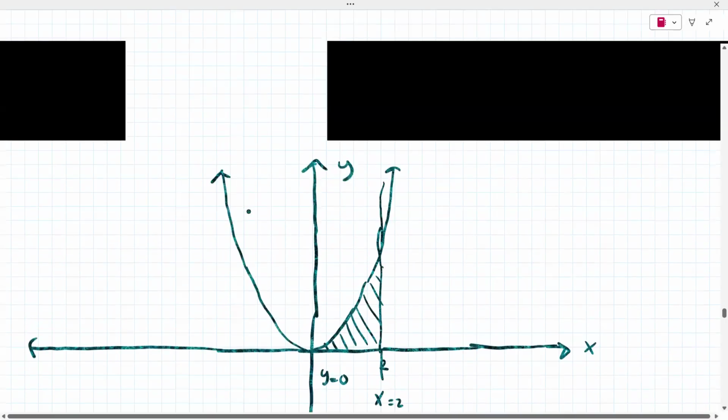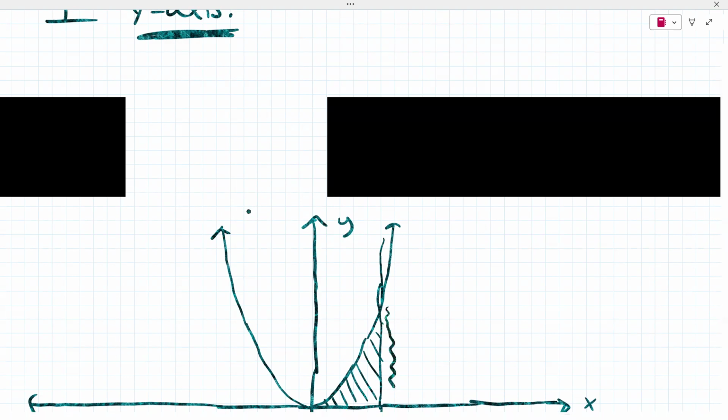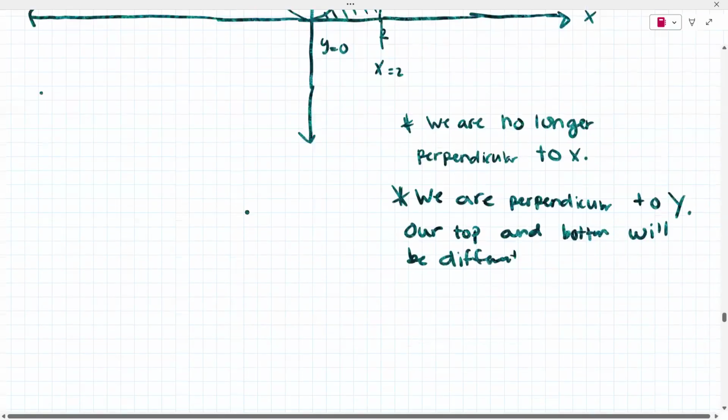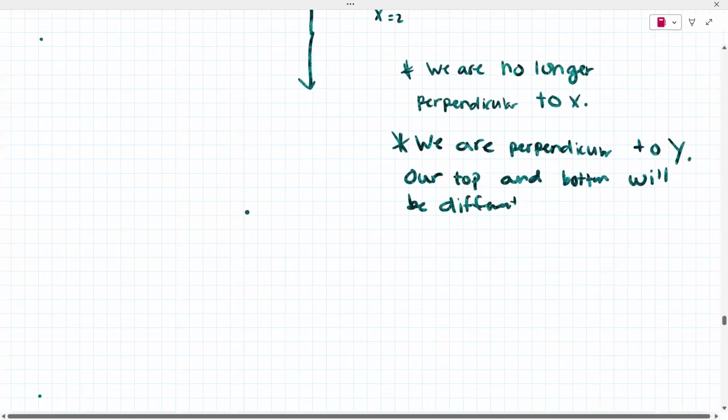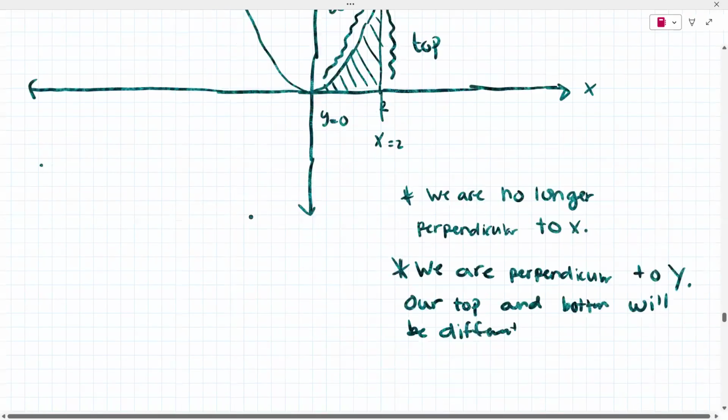What happens is this will now be our top, and this will now be our bottom. If we have to put everything in terms of y, first of all, it's no longer going to be from 0 to 2. So what are our new boundaries?